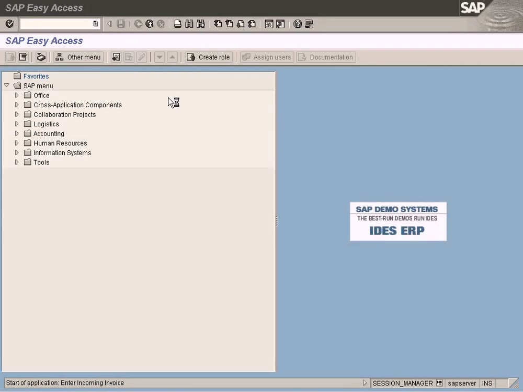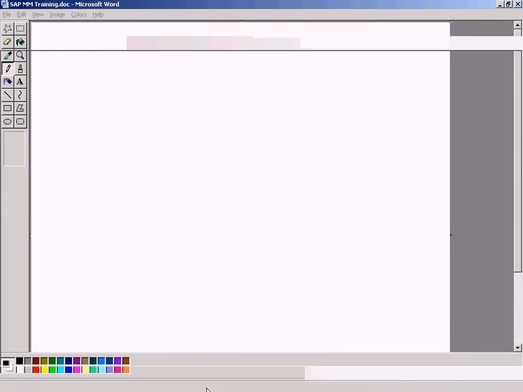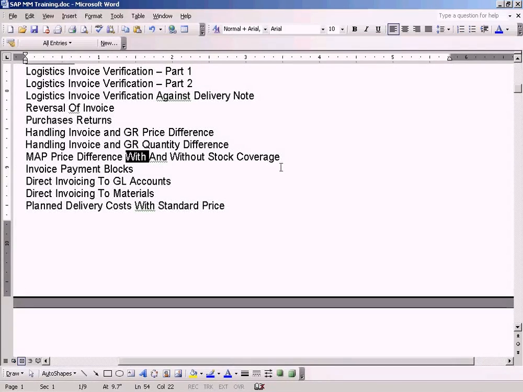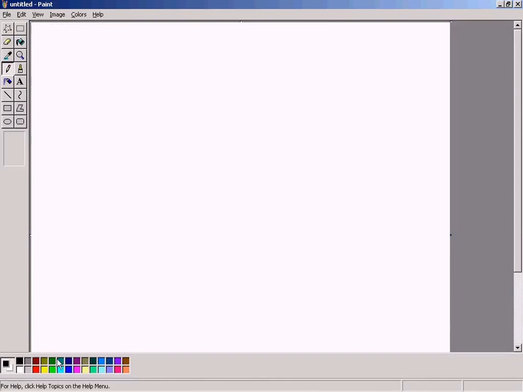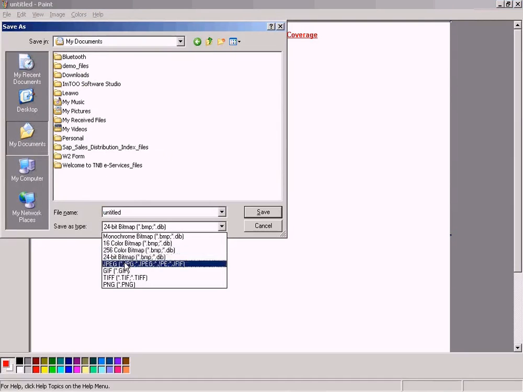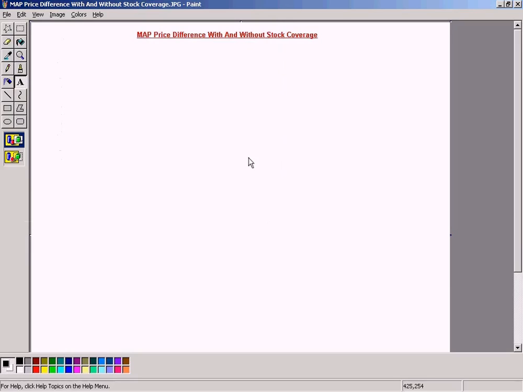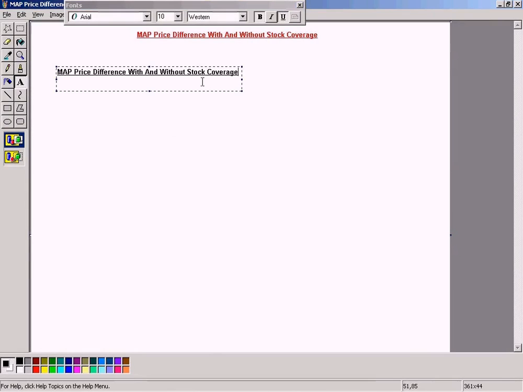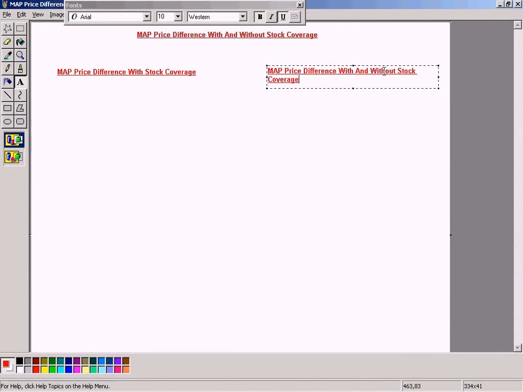Let me create a slide in between. So now here is with stock coverage, and here without stock coverage.